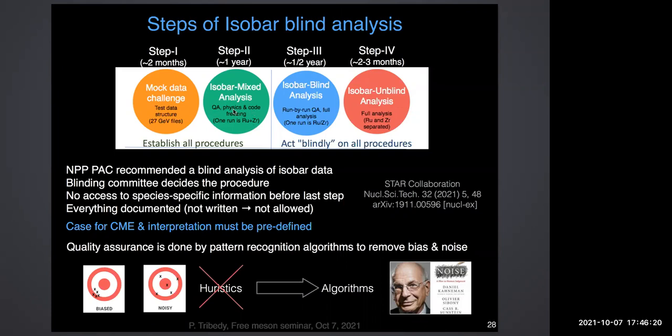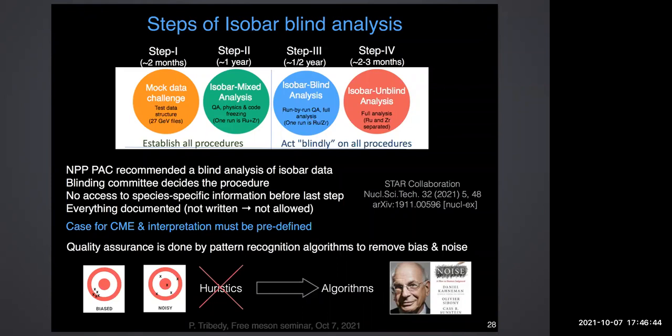You not only develop the analysis code, you develop all the quality assurance code as well. This is what is called the established procedure. It took about 1 year, and after that you can act completely blindly, which means someone else can take all the code and do the analysis.